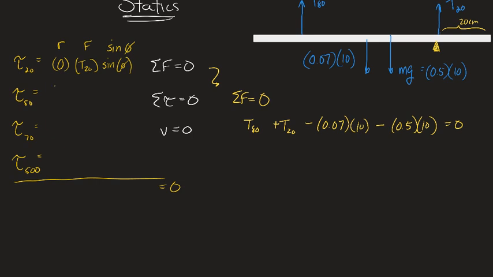What is the distance from 20 to 80? So 0.6. I have to put things in meters because I'm using g, and g is in meters per second squared, so I'm going to put everything in meters. The size of that tension is unknown, so I list T80. And what is the angle between the tension and the torque arm?